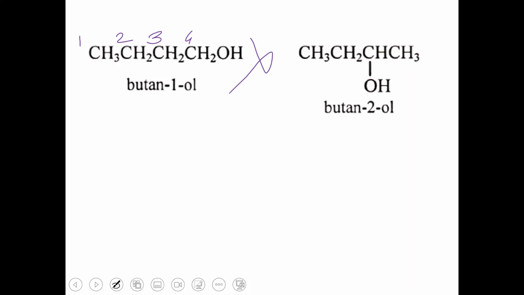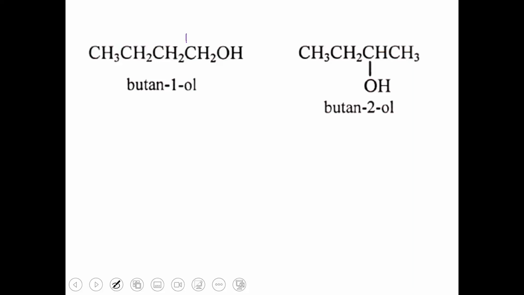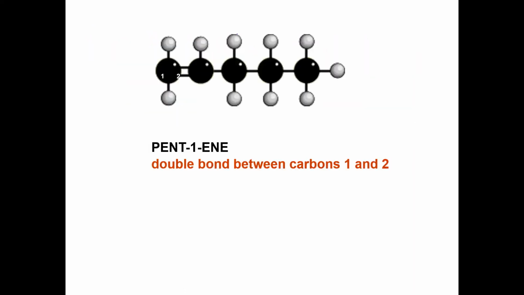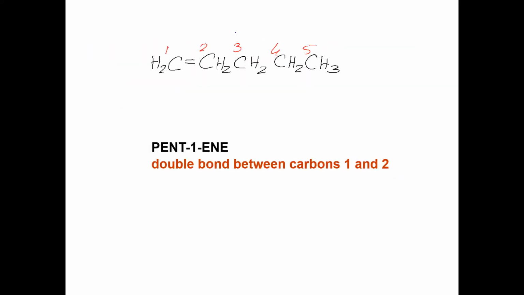Why? Because now OH is getting a bigger number. So you have to start the numbering so that OH gets a smaller number. Now you have to copy this screen, this example. Copied.